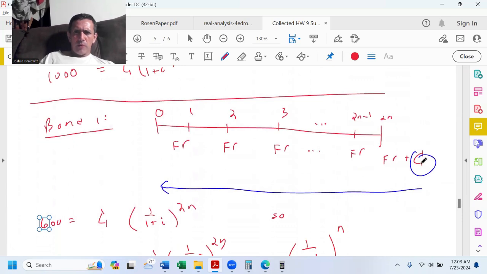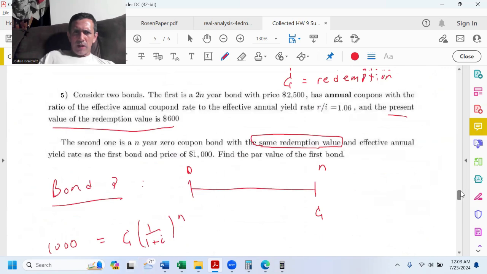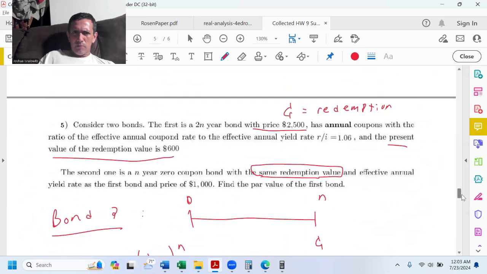So now we're going to take the present value of, I don't think you can do this using Makeham's formula. Really, you haven't done Makeham's formula when you have redemption other than face value. I'm not sure if there's a point to it, but okay. So the price is 2,500, bond one.